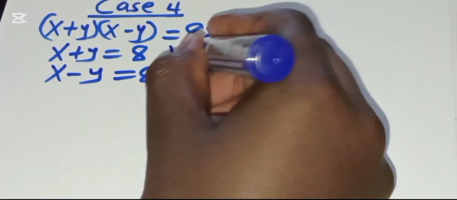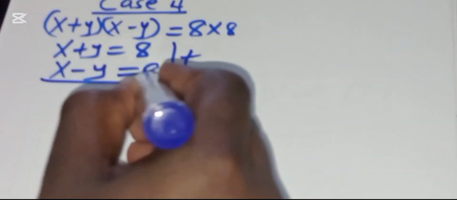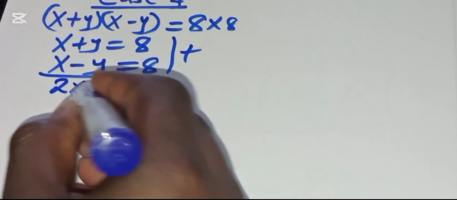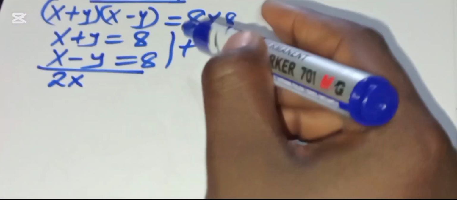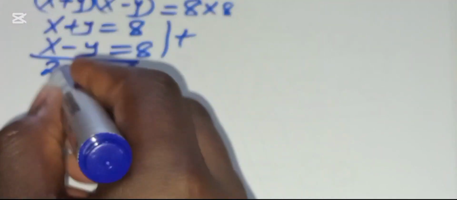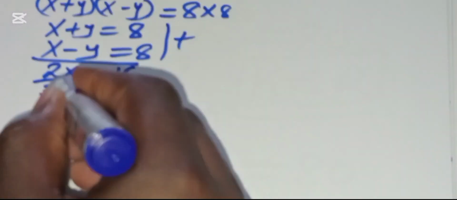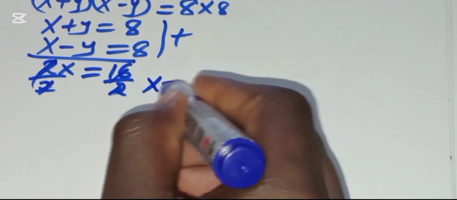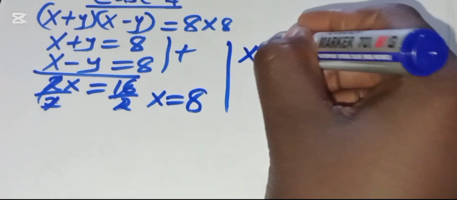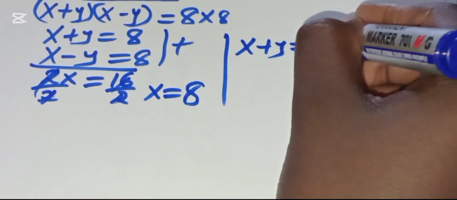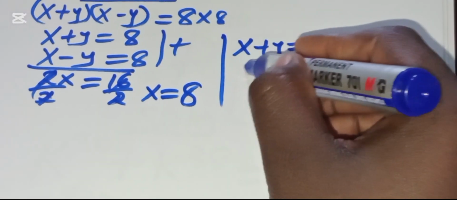So let's add these two equations, so that we're going to have x plus x, this is 2x, y plus negative y simplifies, and then we'll have 8 plus 8, which is equal to 16. So we divide by 2, so that we're going to have the value of x equal to 8. We can calculate the corresponding value of y by substituting the value of x.